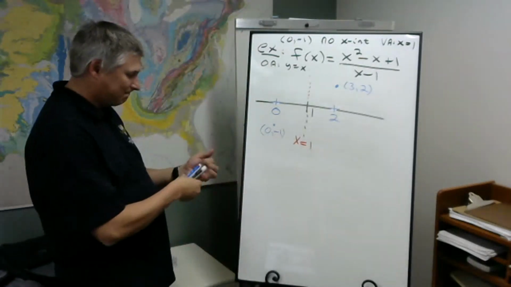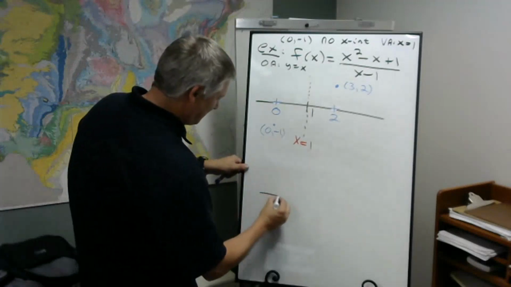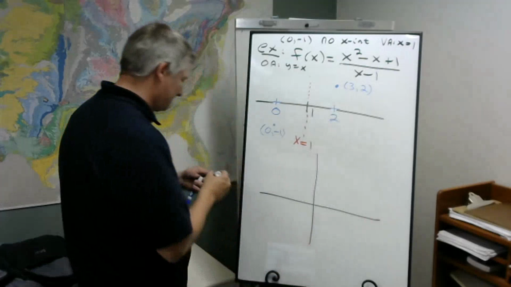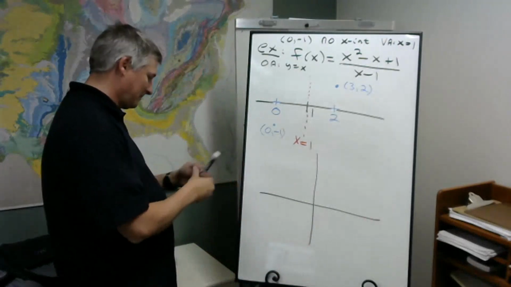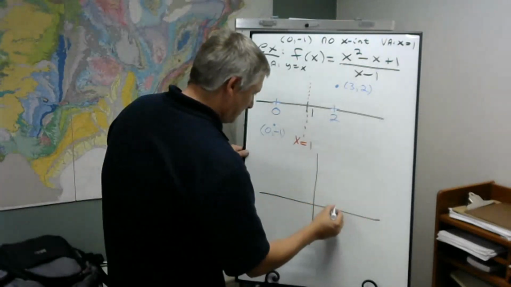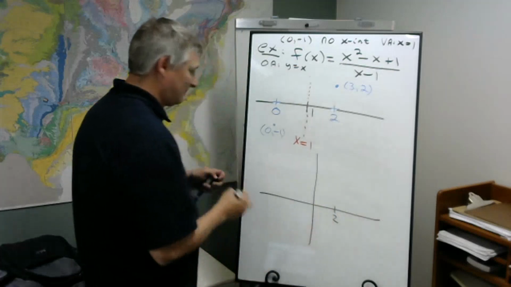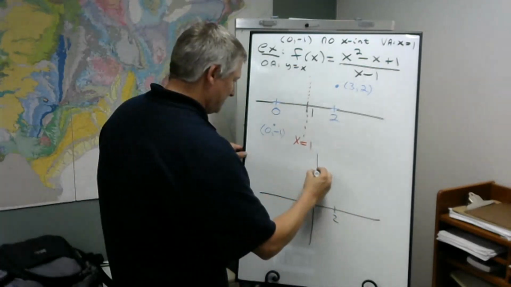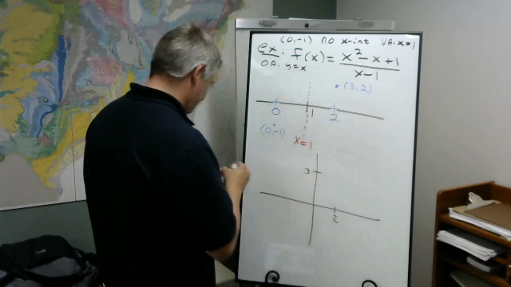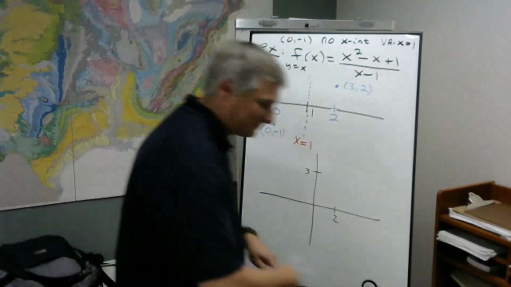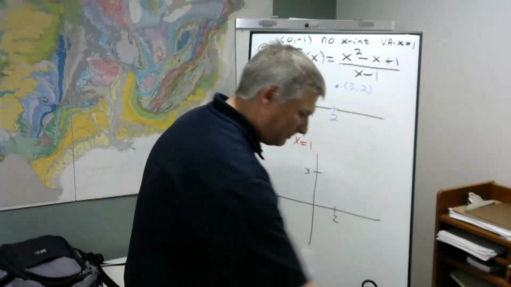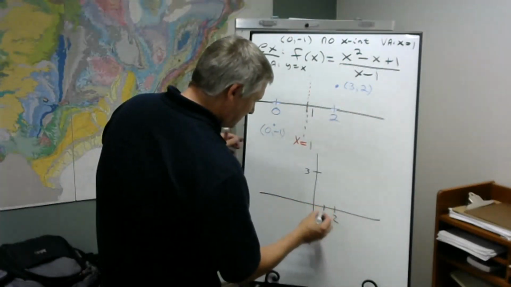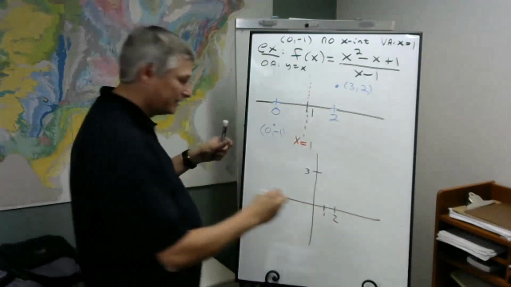Let's graph this. Now, we do have a vertical asymptote at x equals 1.